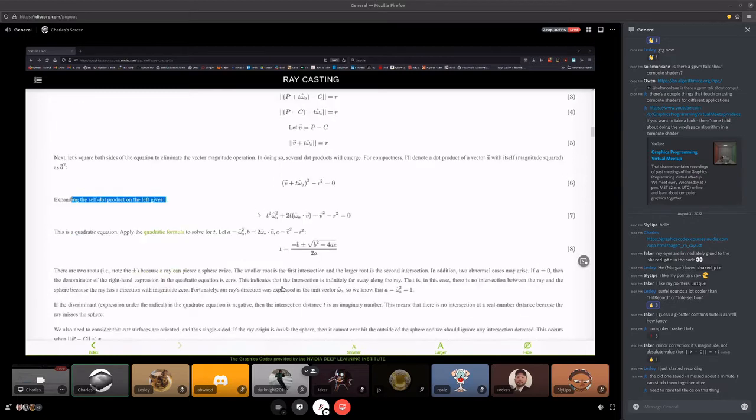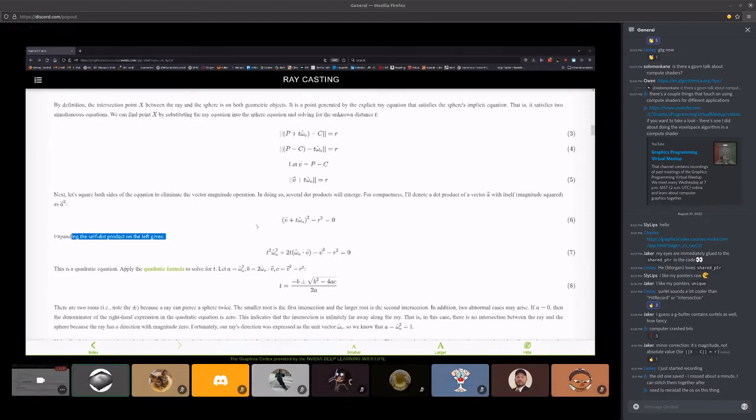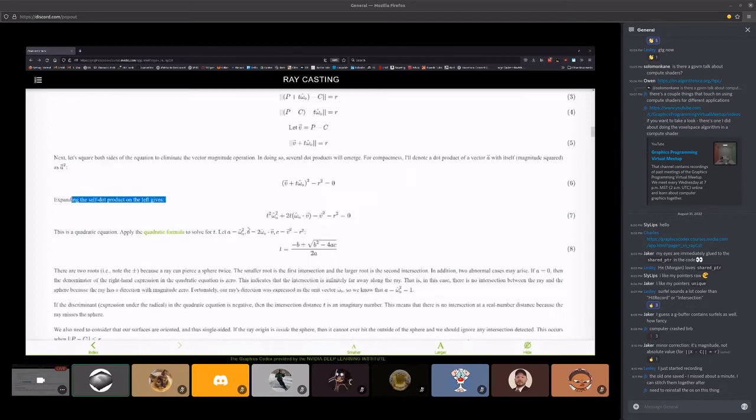This same math appears in Ray Tracing in One Weekend, so yes, I have seen this kind of math before. We have a quadratic equation because it's a quadratic polynomial. Think about it: what does it mean to have a power of two for a vector? Yeah, it's already a dot product. That is an odd thought.